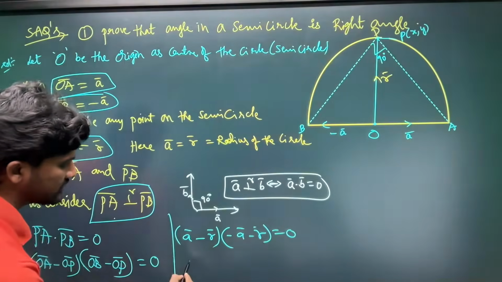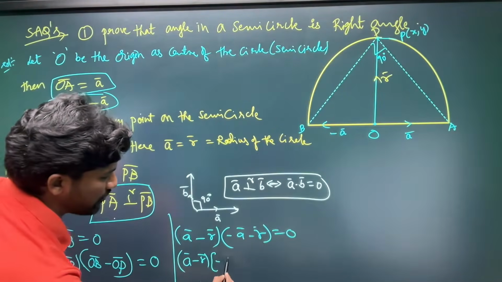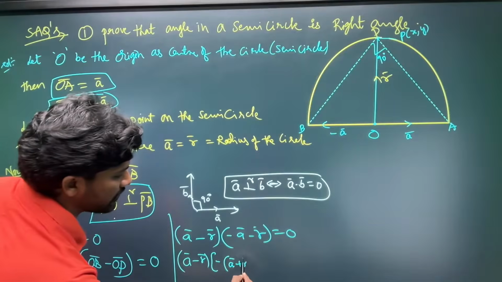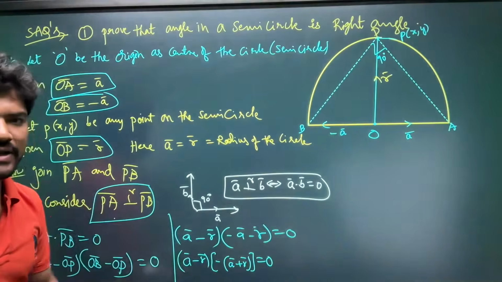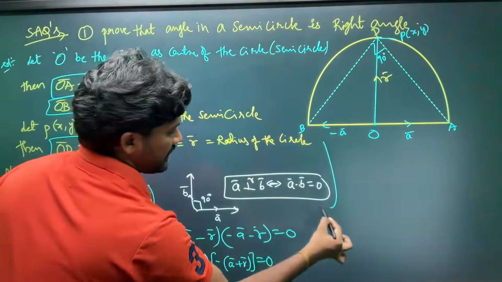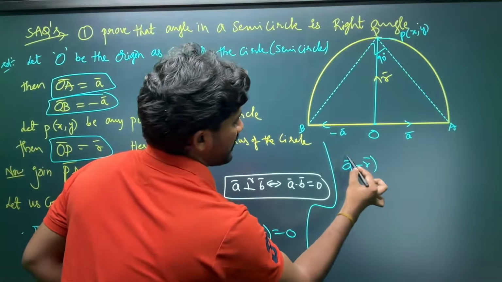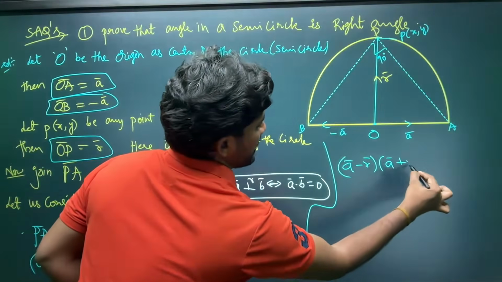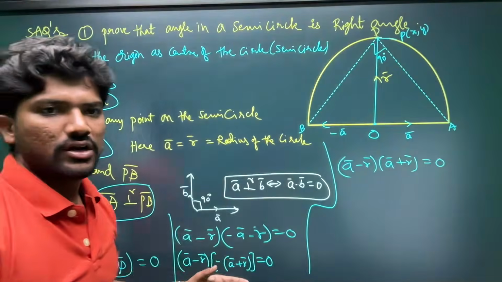Taking minus common, we get A bar plus R bar equal to 0. Then send this minus value to RHS. So A bar minus R bar into A bar plus R bar equal to 0.